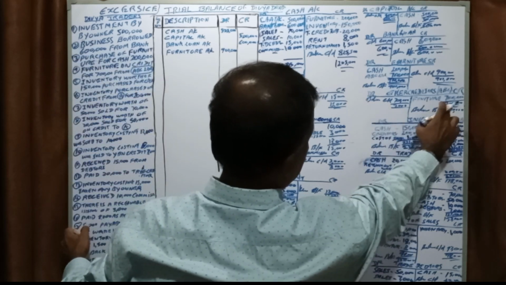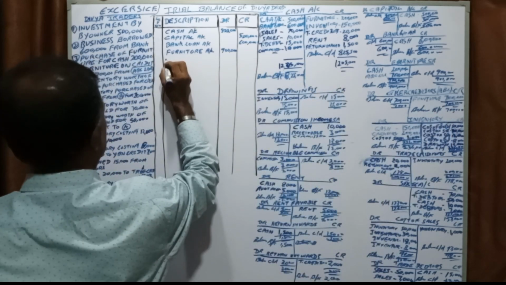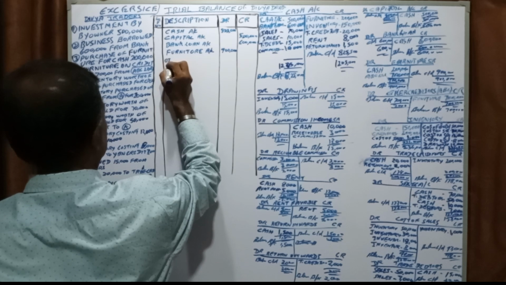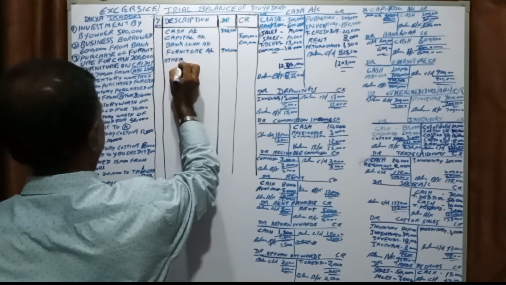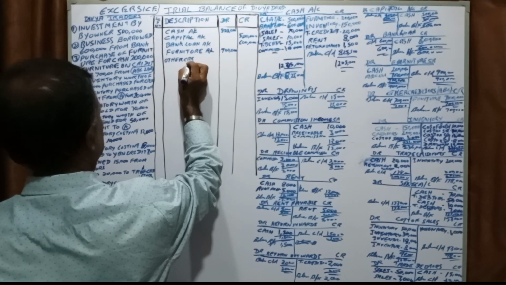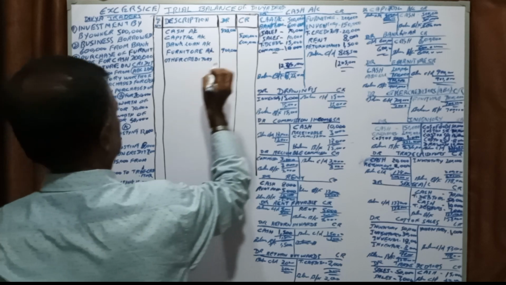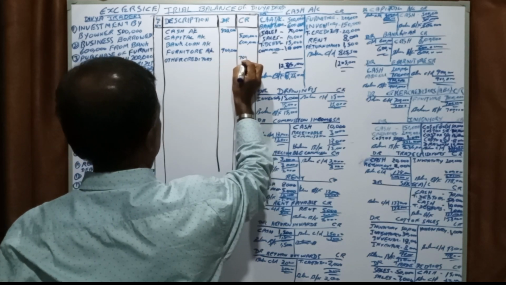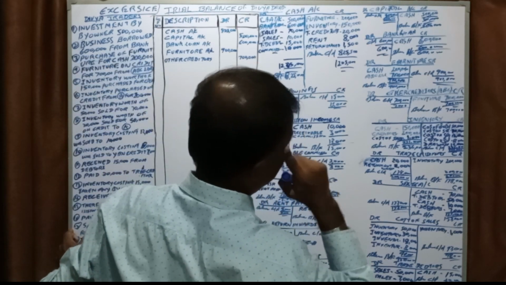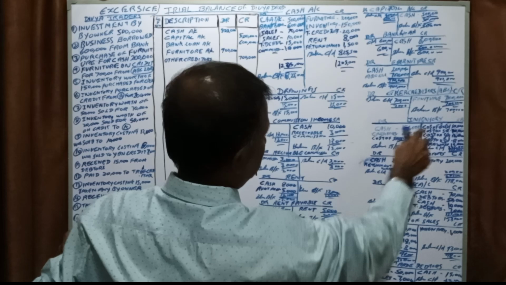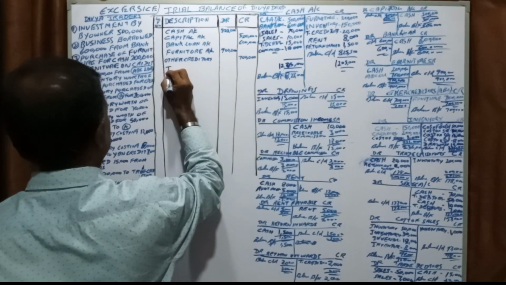And other creditors has a 700,000 credit balance. Inventory has a balance of 236,000.